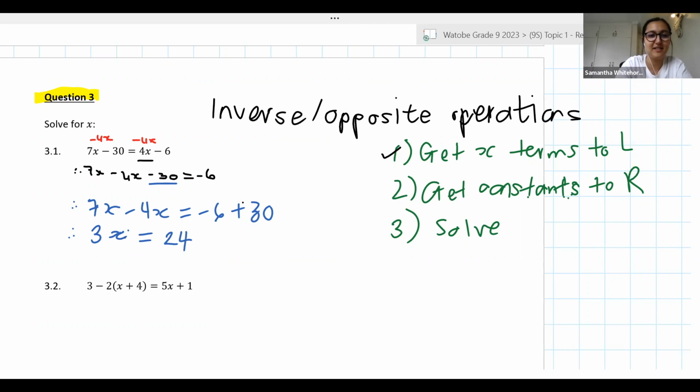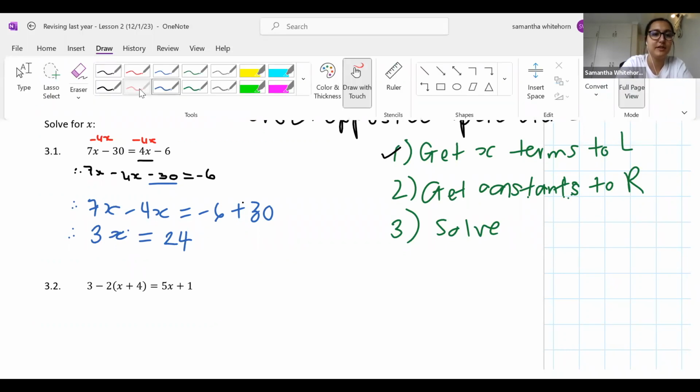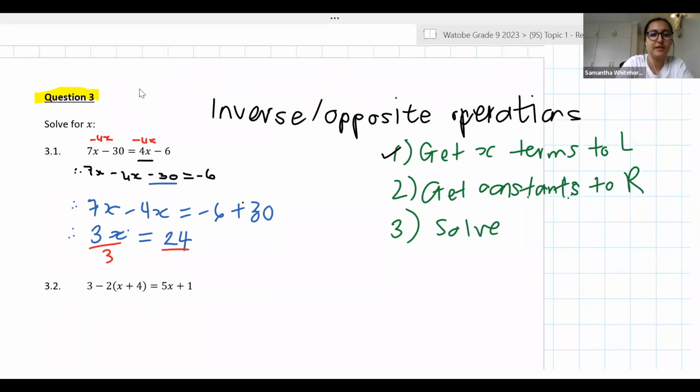Excellent, well done. So we have to divide both sides by 3. Then we say 3 going into 3, we leave with an x. Then we say x is 8. Good, well done. Excellent.